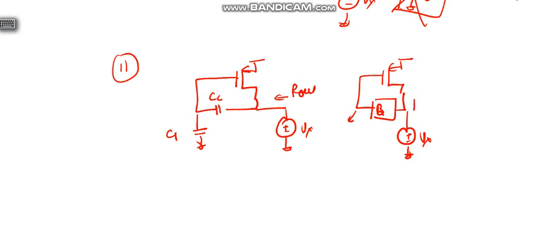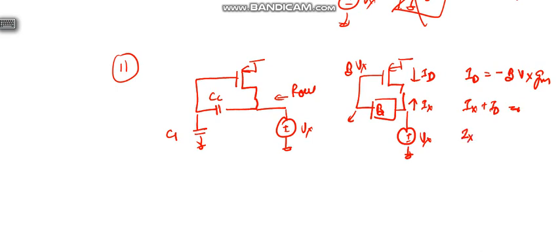Now here this is Ix, this is ID, this is beta Vx. So ID equals minus beta Vx into GM of the device. Ix plus ID equals 0, so Ix minus beta Vx GM equals 0.